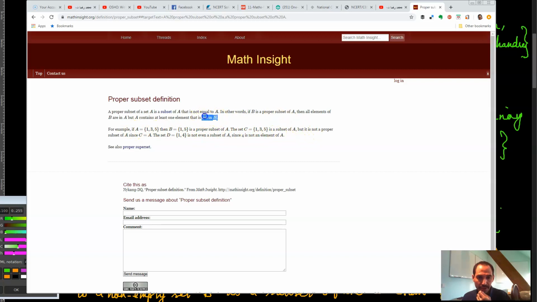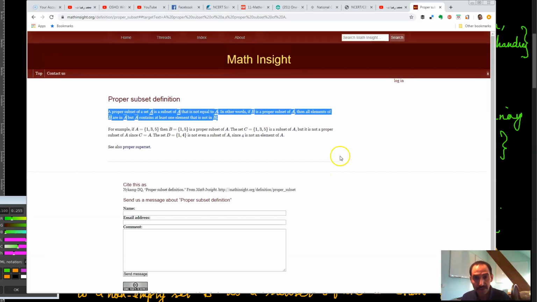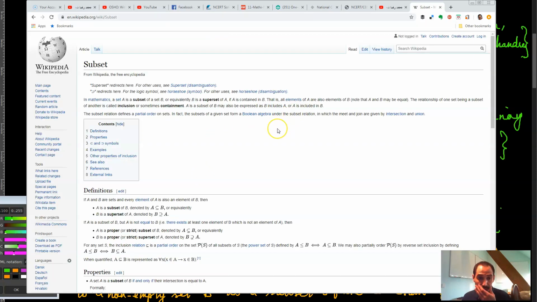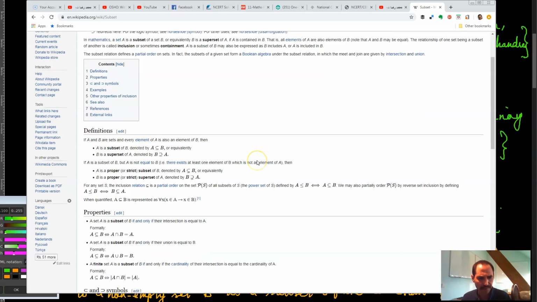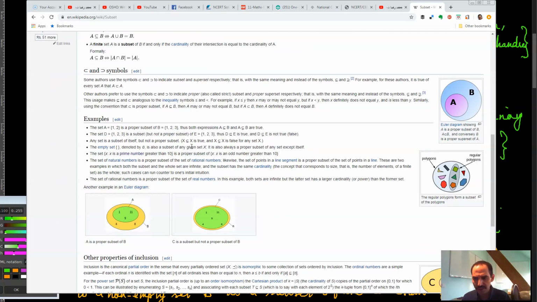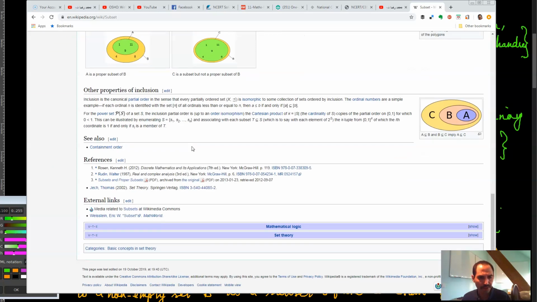So a proper subset means that now there is one more thing that we have here: a superset, a subset, proper or strict subset is a subset or a strict superset of A. Now there is something else that I don't really remember right now.